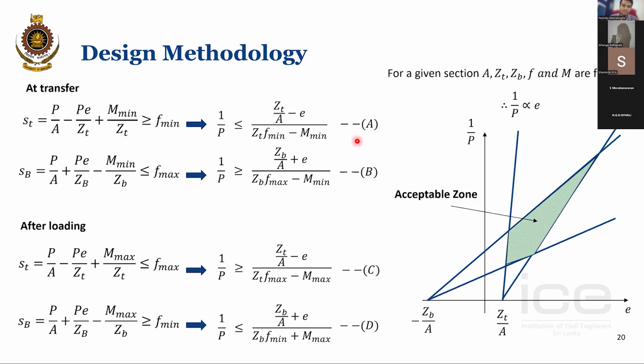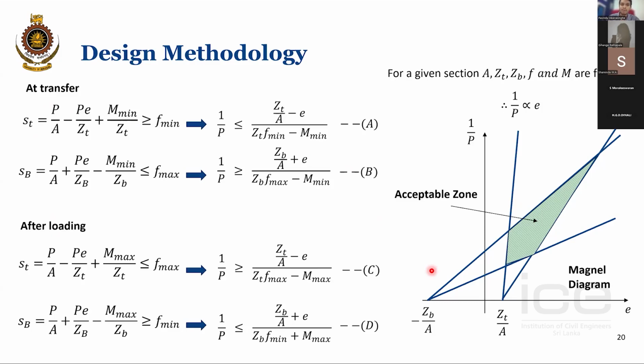So these inequalities could have been solved algebraically as well, but rather than that, graphically solving this is much easier. You can visualize it very nicely and visualize the region of interest as well. And this is called the Magnel diagram, right? So through a Magnel diagram, what we are doing is we are actually solving these four stress states at transfer and after loading.